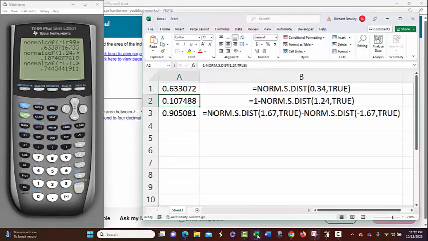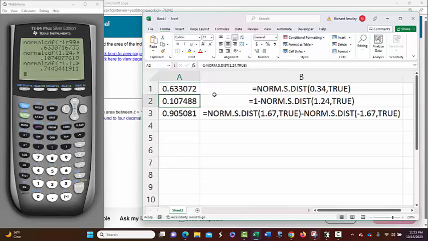Now, once again, Excel only understands less than. The calculator, you can make it understand different things, but Excel only understands less than. So what we have to do in Excel is do the NORM.S.DIST command of the bigger number minus the smaller number. So I guess what you could do, sort of like I did, if you wanted to, you could type all these commands, put numbers in there and already have them. You could even save them as a file, and then just put in whatever numbers you need for your problem.